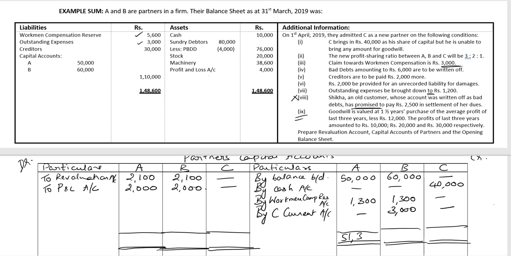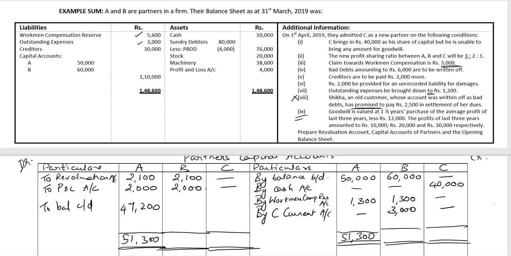Total of A 51,300. To balance carried down, we need to deduct 4,100. So we get 47,200.